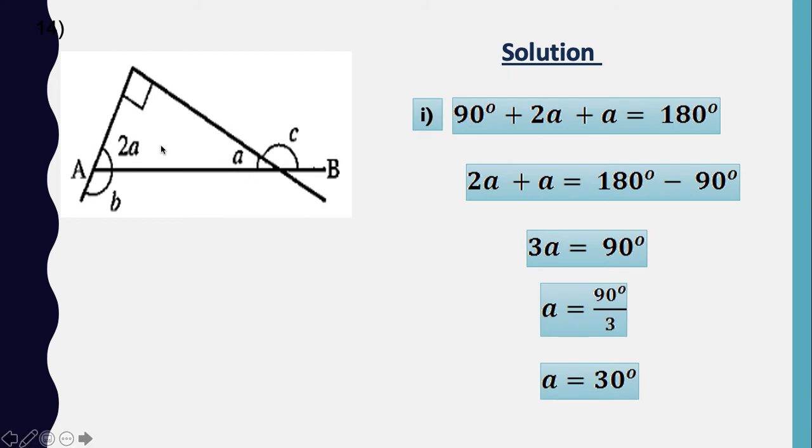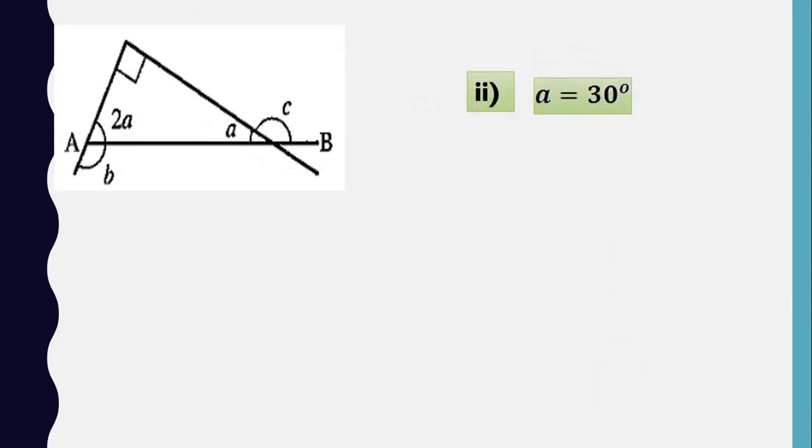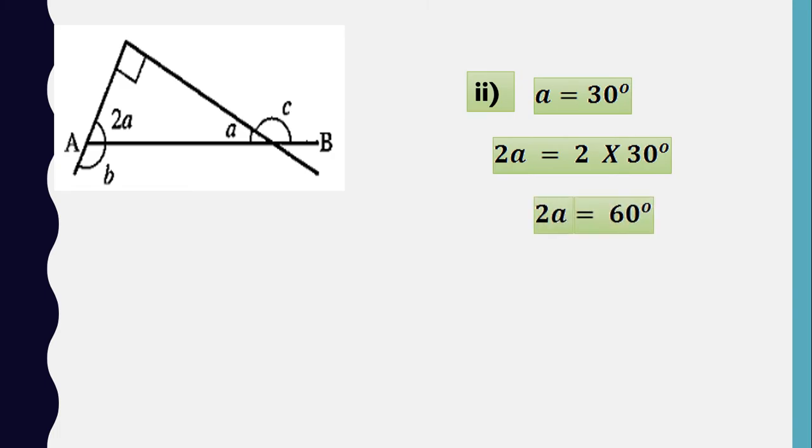Okay. So then you can calculate 2A, right? So 2A is going to be 2 multiplied by A, and that will be 60 degree. So you found out A and 2A. Now we will find out B. When such questions are asked, you always follow the alphabetical order. First we found A, then we found 2A, then go on to B. See, there's a relation between 2A and B. This angle 2A and this angle B are lying on a straight line, right? So what is the sum of these two angles together?